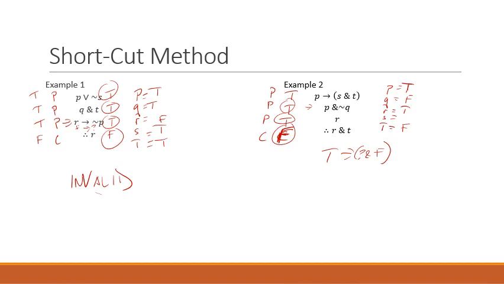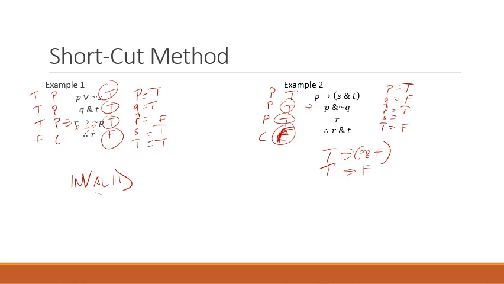So this is an and in parentheses, and in order for an and to be true, they both have to be true. So this T is already false, so that means this is going to be false. So no matter what we do with S, we're always going to get true arrow false, which is false. So that just means it can't happen, right? We can't get all true premises and a false conclusion.